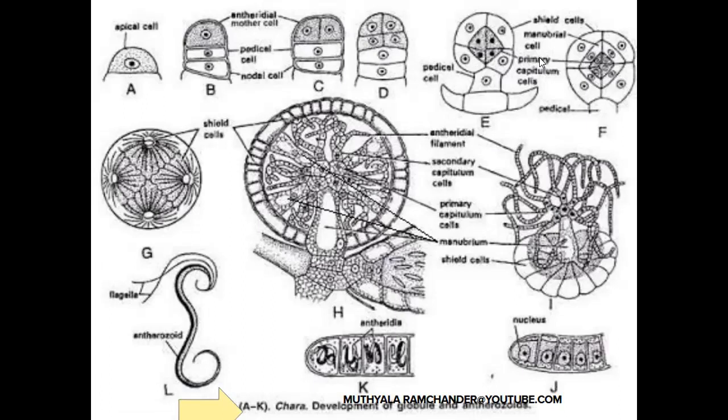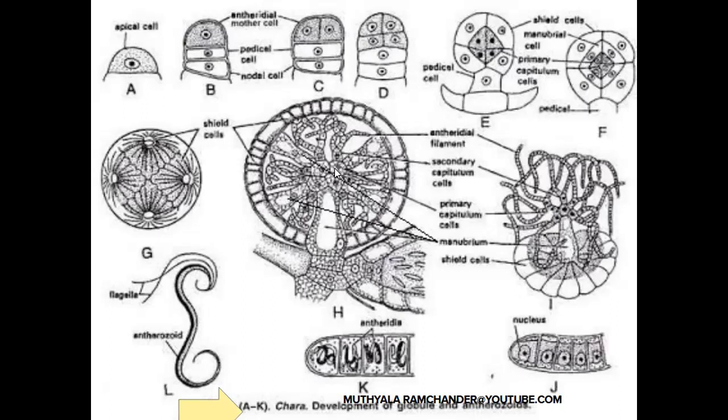And the center whorl's 8 cells are called primary capitulum cells. During this development, between the two manubrial cells, cavity-like structures are developed. In this cavity-like structure, ribbon-like structures are developed from the primary capitulum cells.